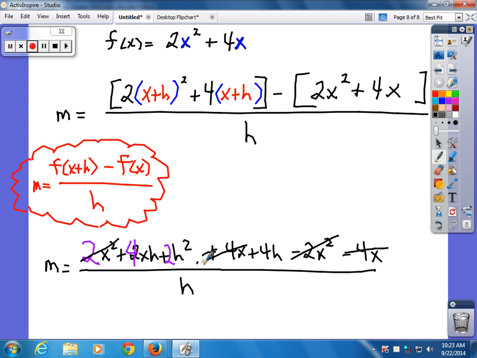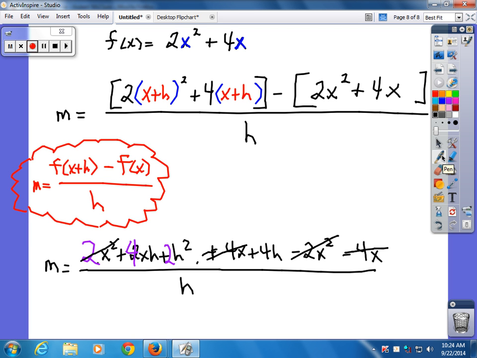You got 4x plus 4h, you don't mean 4x cancels? No. 4x plus 4h is not this. 4x plus 4h is 4 oranges and 4 apples. This is 4 times an apple and an orange. So it's not the same thing.